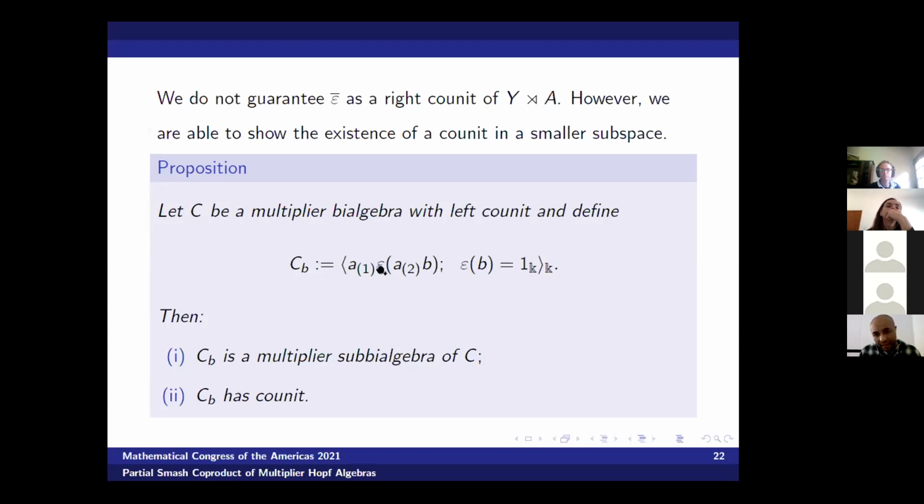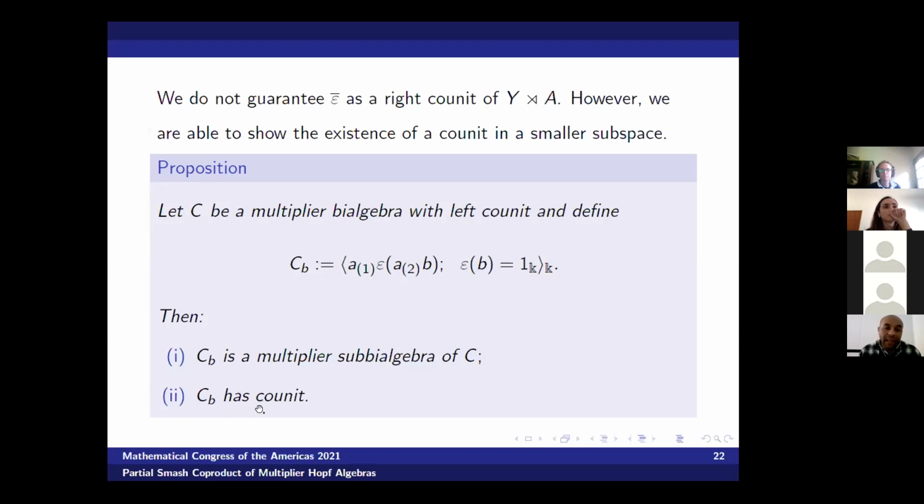In fact, we think of this like a multiplier, but here we see just elements. But in fact, it makes sense as a multiplier. Then we prove that we have a multiplier subalgebra.